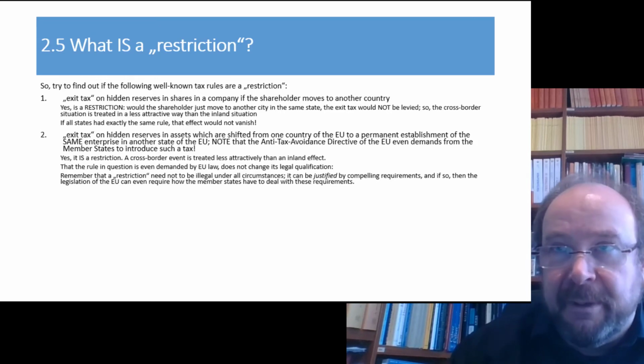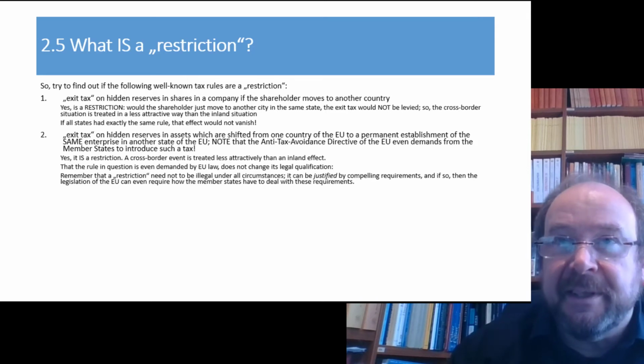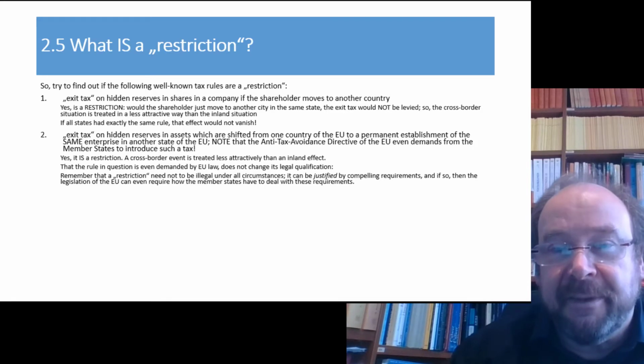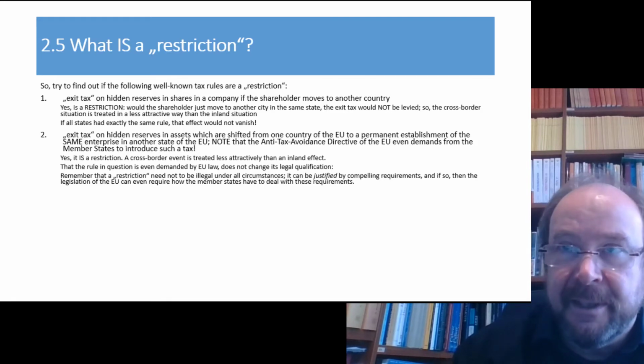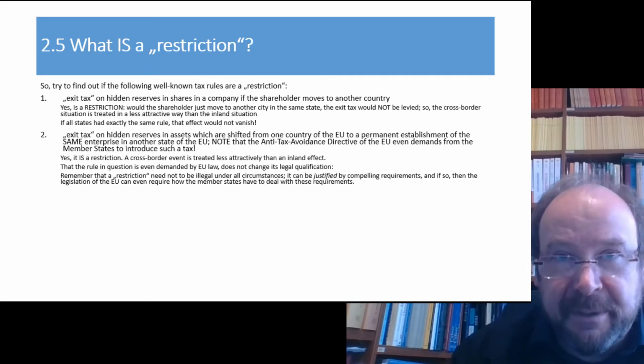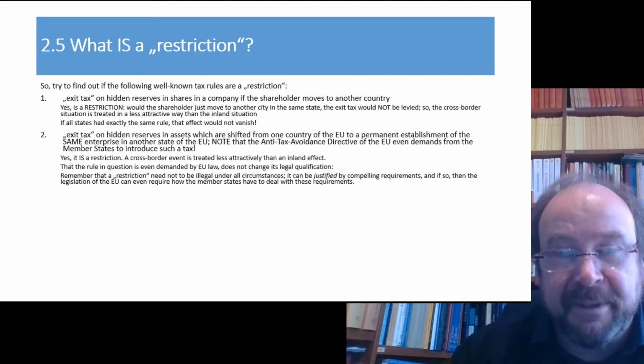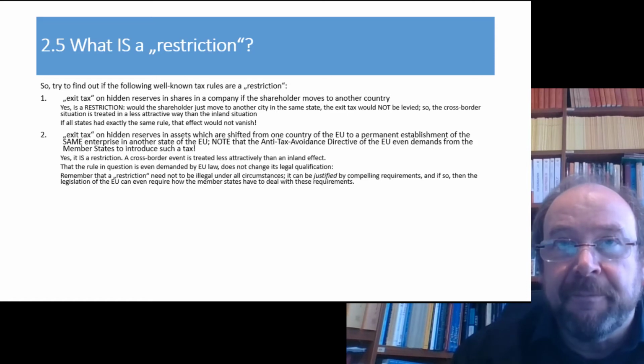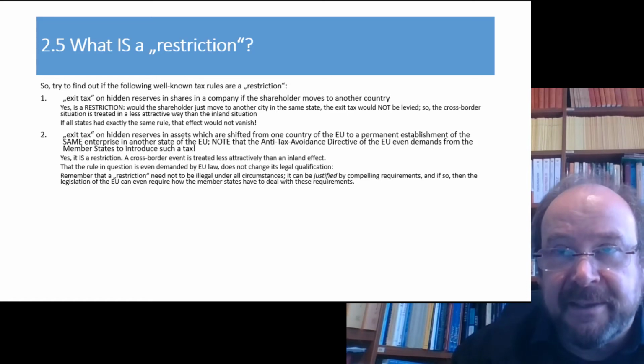Because even if all the member states have such a rule, it still remains the effect that if you shift a good cross-border, then that causes taxes. Whereas if you shift a good from one location in a member state to another location in the same member state, nothing happens. So yes, here something makes cross-border activity less attractive.